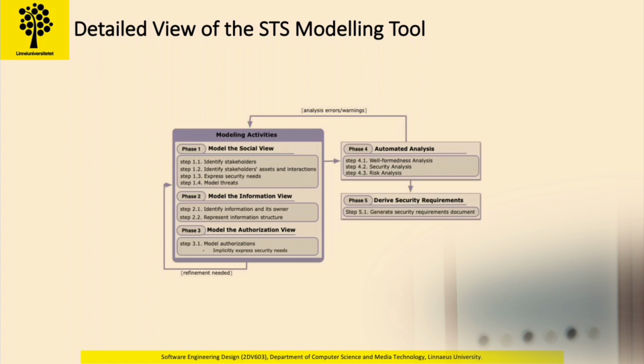So what can threaten your security, or what can stop you from achieving some goals. Once you have the social view, you go for the information view, where you identify more information from the scenario or context, and who the owner of this information is. Then you impose the security needs related to this information. And then you go for the authorization view.